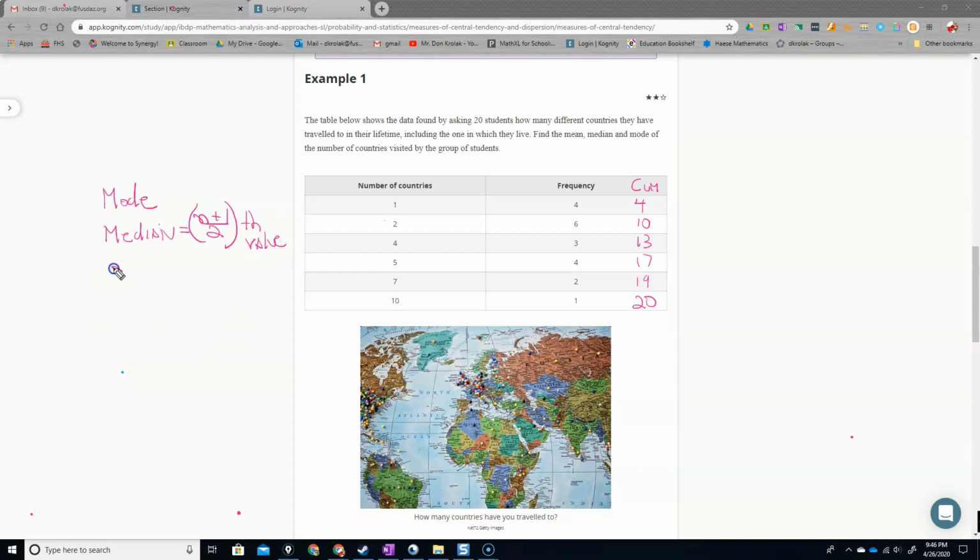So in our case, that's 20 plus 1 divided by 2. That's 21 over 2, which is 10.5 value. So our median is going to be halfway between the 10th and the 11th value.